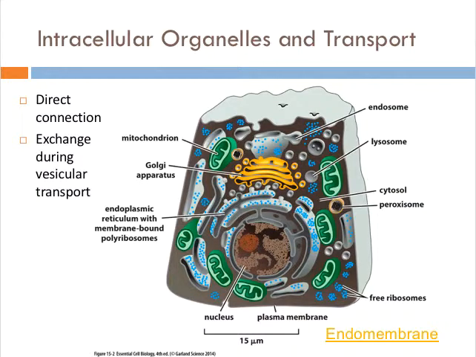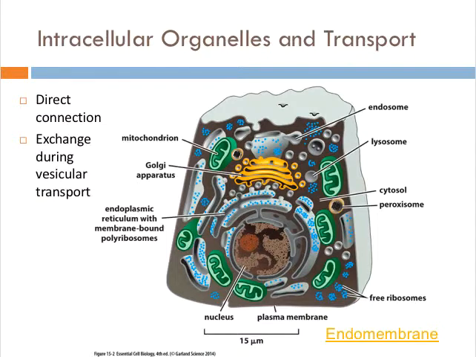So, we've talked about the cell. We know we've got all of these organelles inside of the cell, and we have all of these compartments that we need to get proteins in and out of.